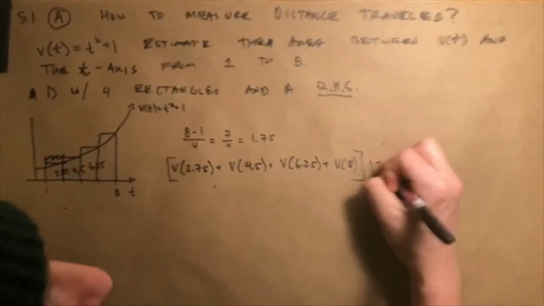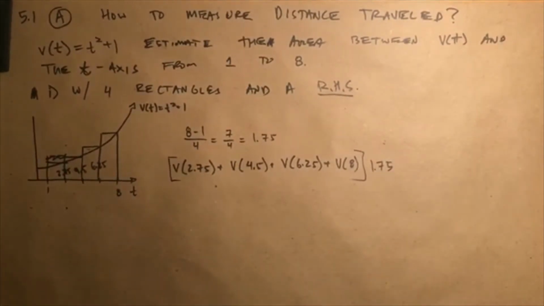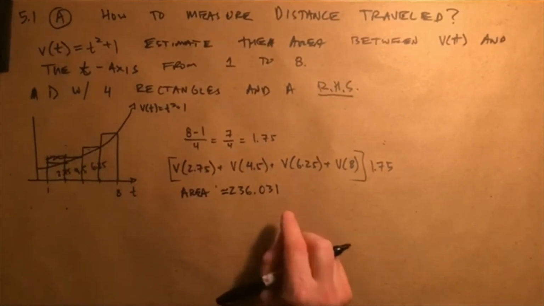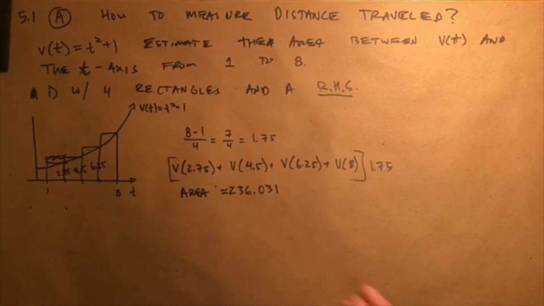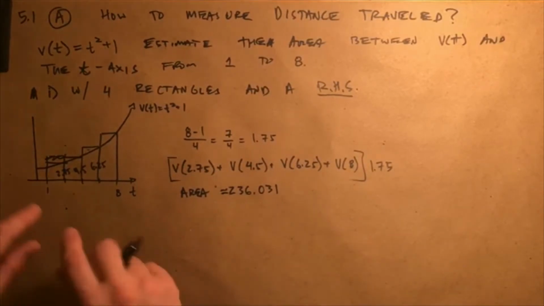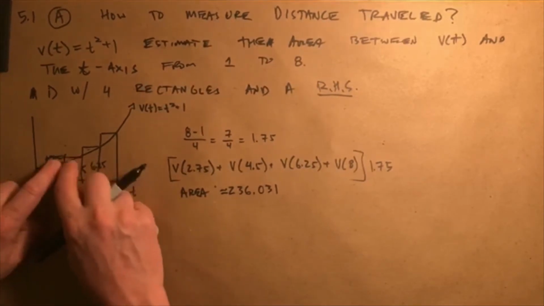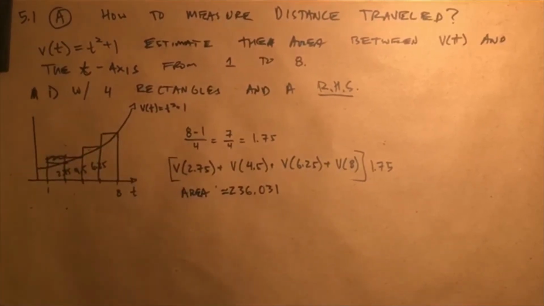I'm just going to put that at the very end, 1.75. I could run this in my calculator, and I will, and I can get an estimate for this value. Well, friends, I've calculated. I got an area of about 236.031. And that's it. I mean, so we can certainly tell that this area is bigger because I have all of these pieces that are hanging off the edge, yes?